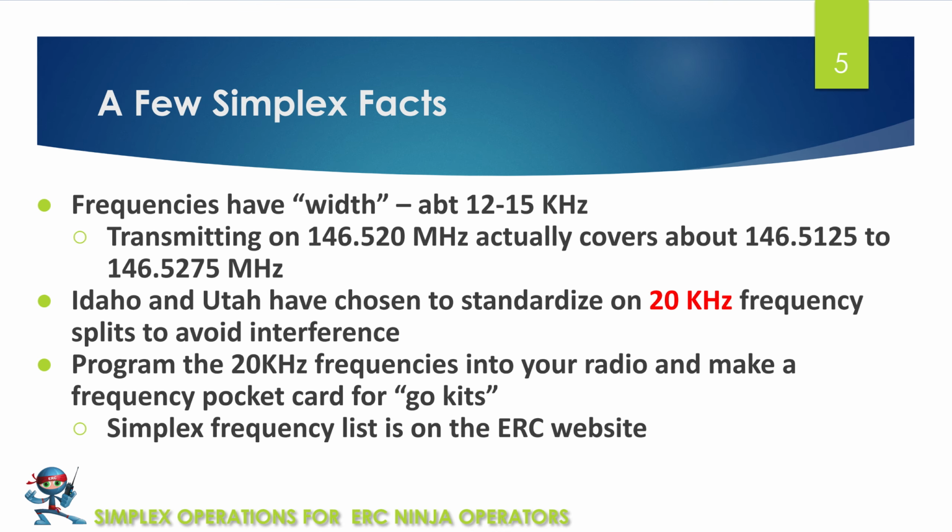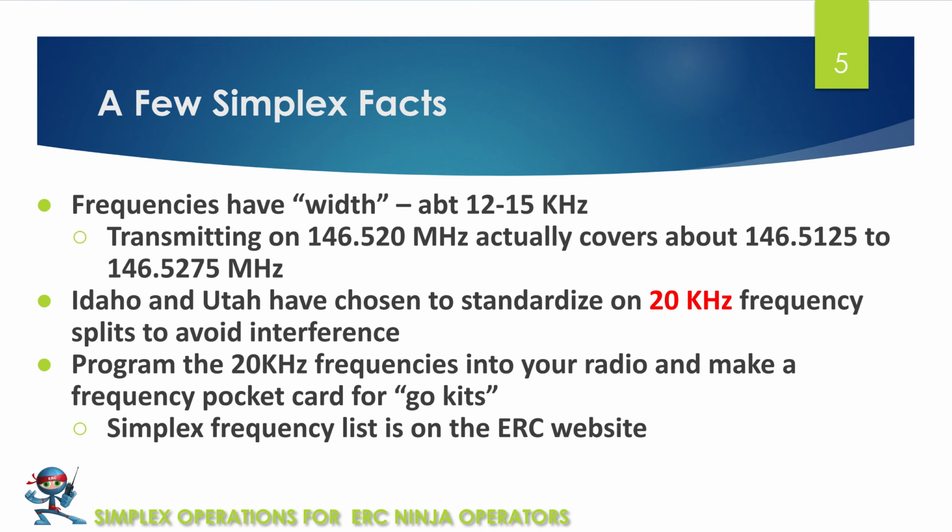Let's talk a little bit about Simplex frequencies, or about any signals. It's important for us to understand that signals have a width. They are using frequencies in addition to the frequency on the radio's display. As it turns out, an FM signal occupies about 12 to 15 kilohertz.